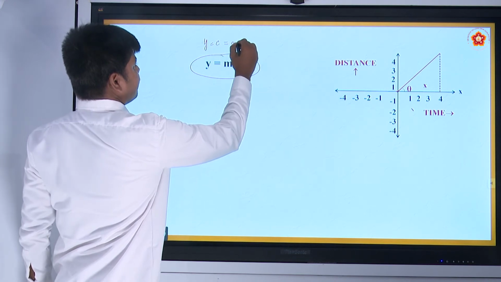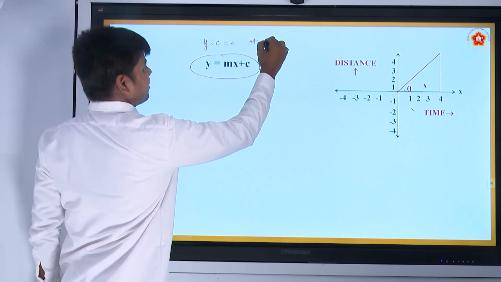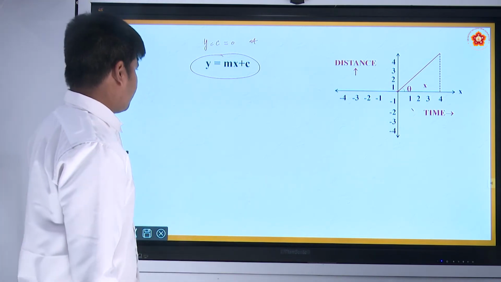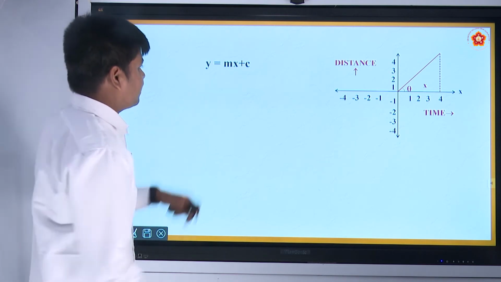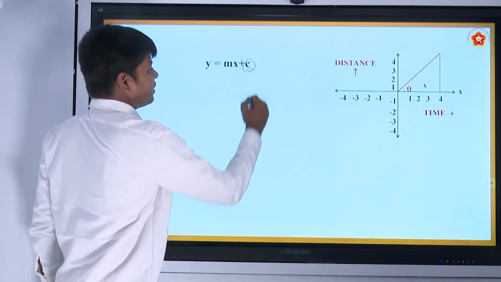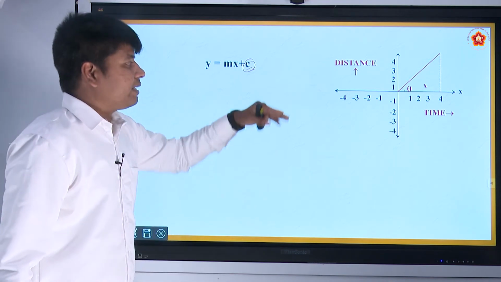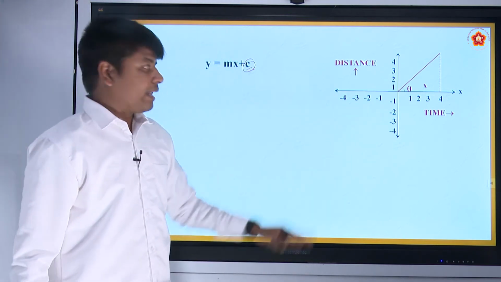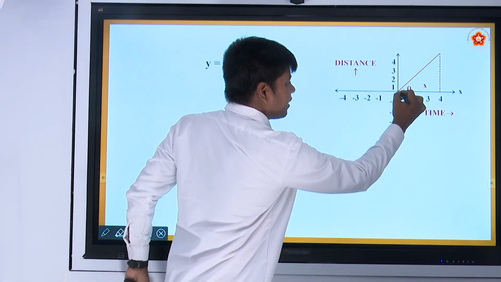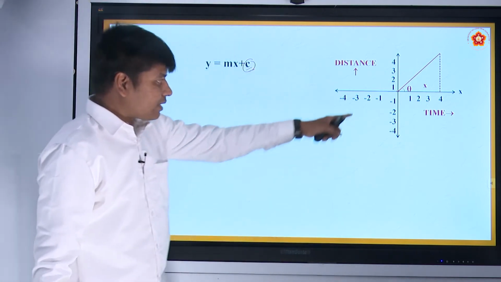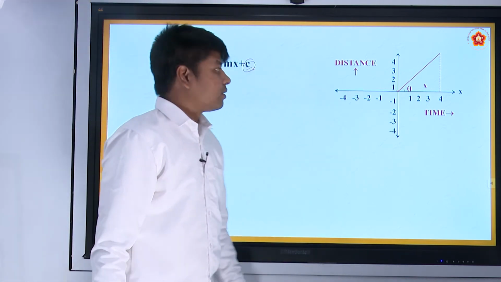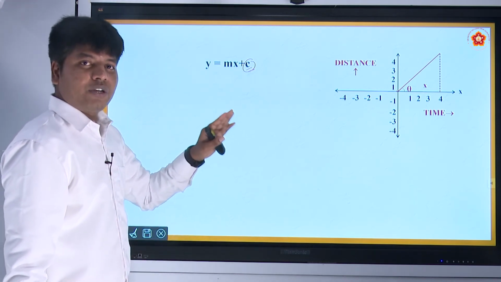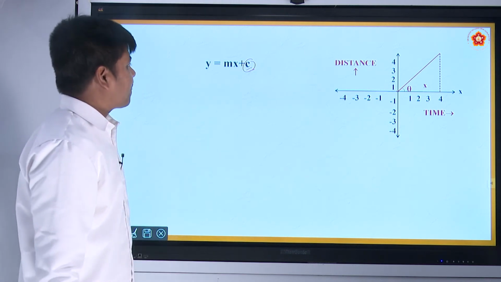So c becomes 0. So what does this c tell you in this equation? c is telling you the y-intercept, where the line is cutting the y-axis. The line is cutting the y-axis at 0. That we call the y-intercept.